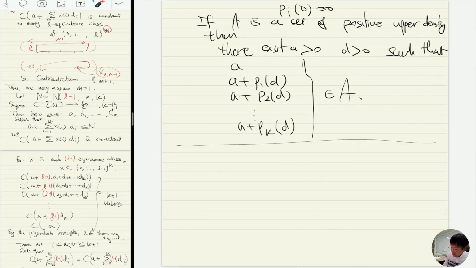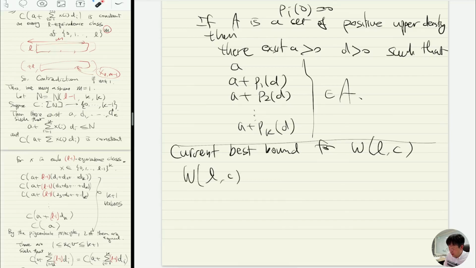So the current best bound for the van der Waerden number is actually due to Tim Gowers, 2 to the 2 to the C to the 2 to the 2 to the L plus 9, by Gowers in 2001.